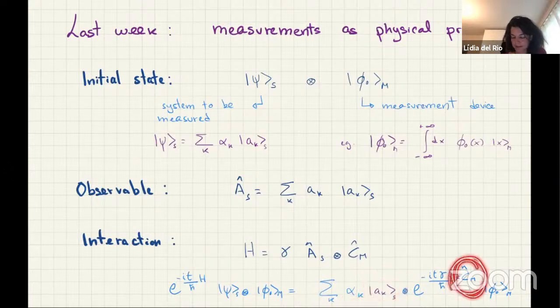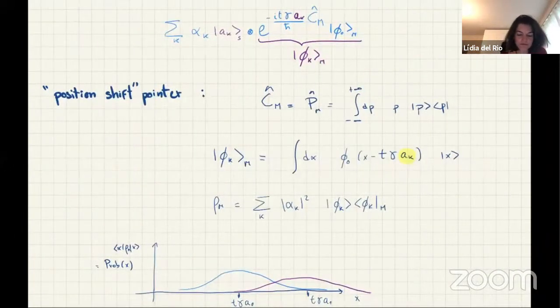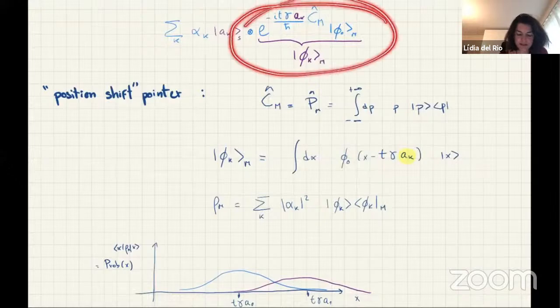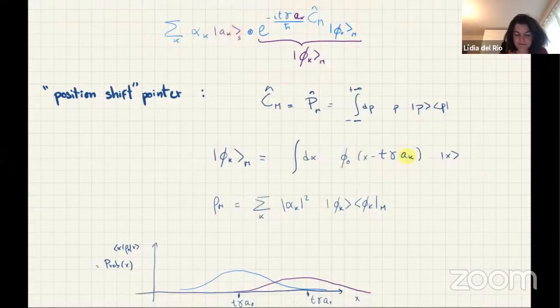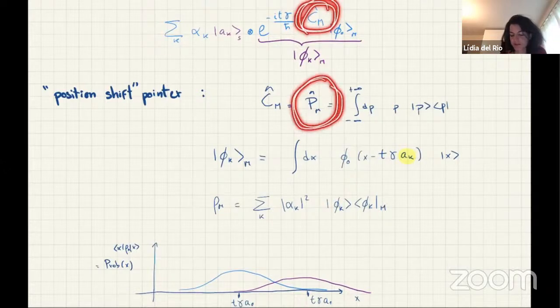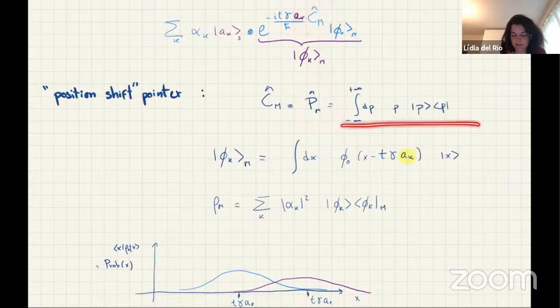And there's our operator on the measurement device. So then if we call this whole state phi k on the measurement device, then we will look at specific examples, right? And the specific example we looked at first was when this object here was just a momentum observable, which you can expand in the momentum basis like so on M.